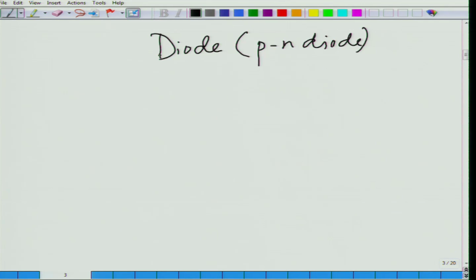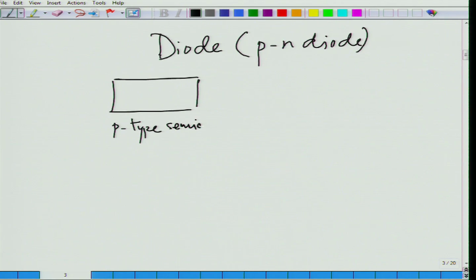So, in a PN diode our picture is basically that we start with a p type semiconductor and an n type semiconductor.